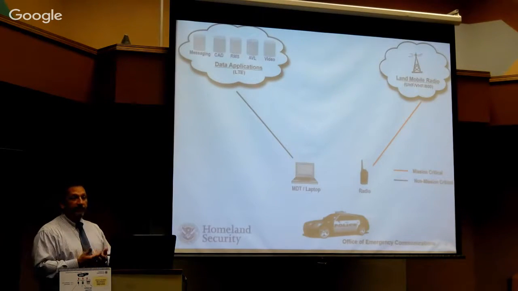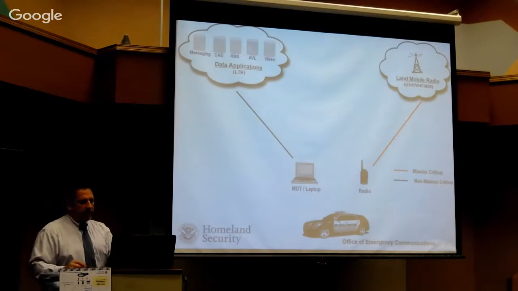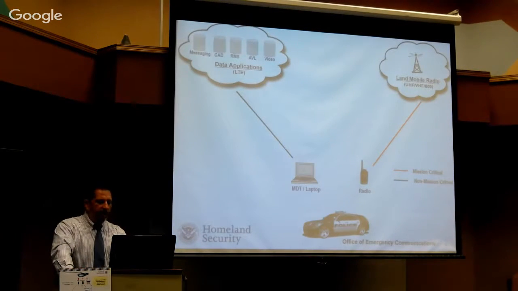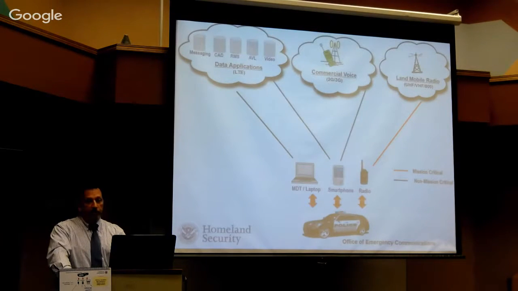They're not getting any priority over the standard users now. So right now, all of the mobile data that they're doing is done over commercial networks, and it's not mission critical. And then commercial voice, any voice communications they're using that's not on their radio, that is also not mission critical. So they're using basically commercial networks that have been built out for the general public, and they also do not get priority service over those networks.